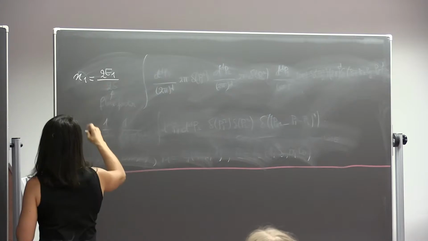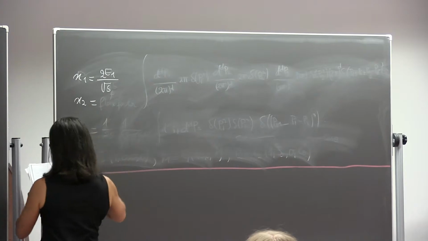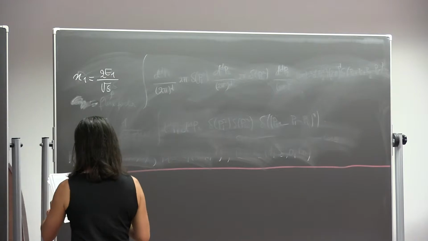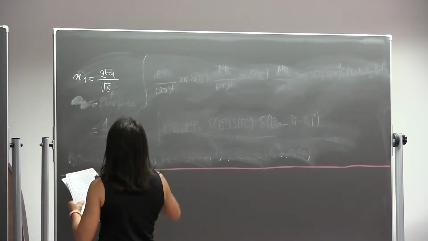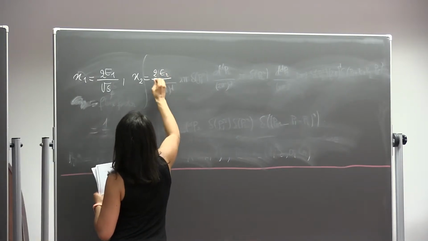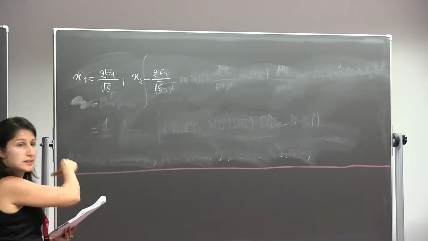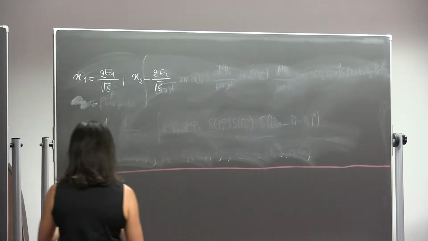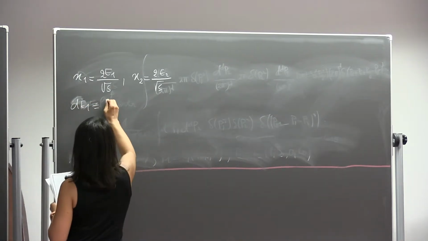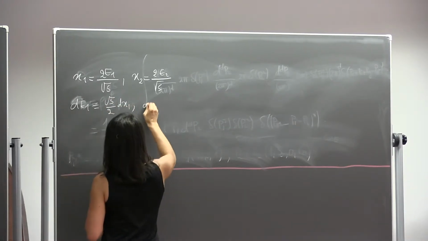So x1 is 2E1 over square root of s, and x2 similarly. When you move from the integral over the energy to the integral over x, there is a Jacobian that you have to take into account. So now dE1 is square root of s over 2 dx1, and the same for dE2.